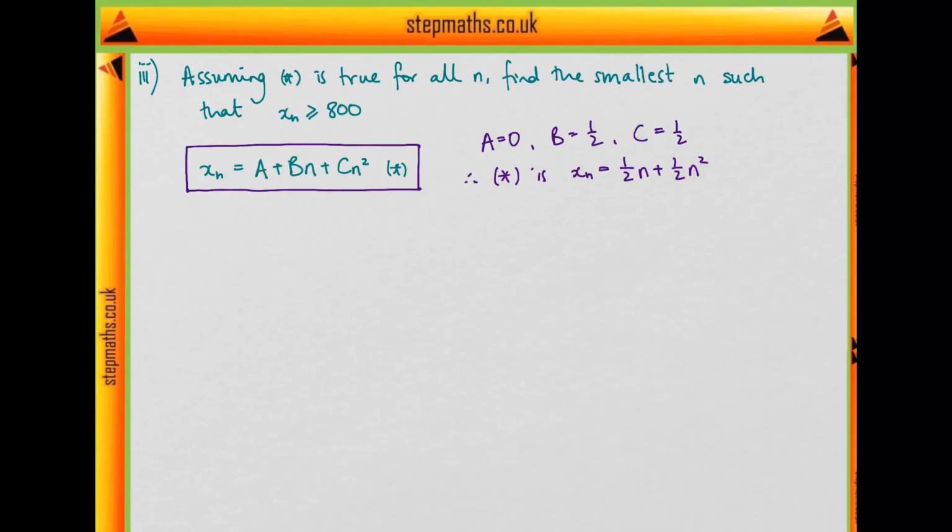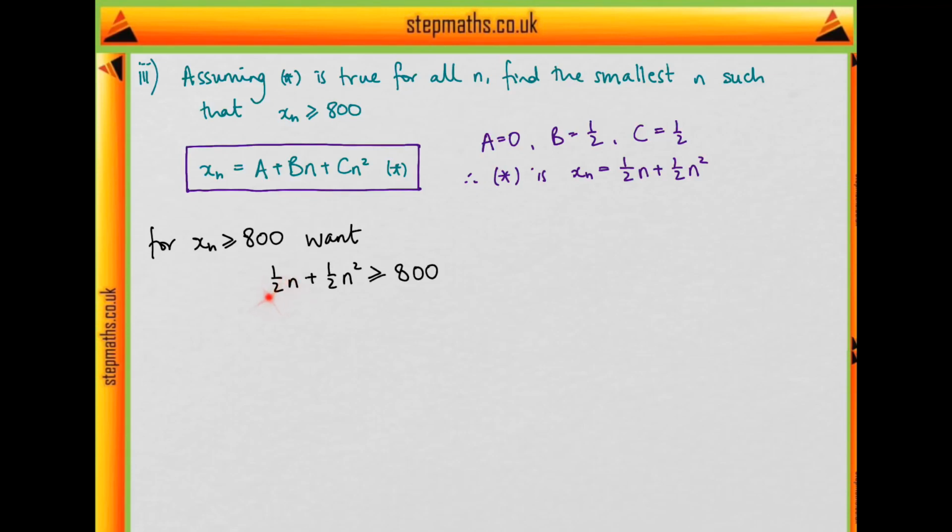If we're looking for xn greater than or equal to 800, then we're going to want a half n plus a half n squared being greater than or equal to 800. If I multiply both sides by 2, and then factorize the left-hand side, that will give us n times n plus 1 greater than or equal to 1600.